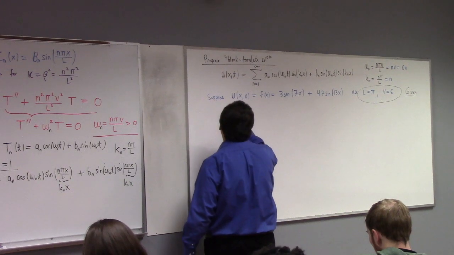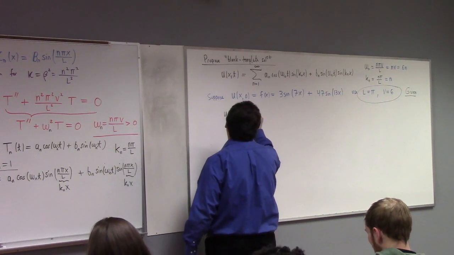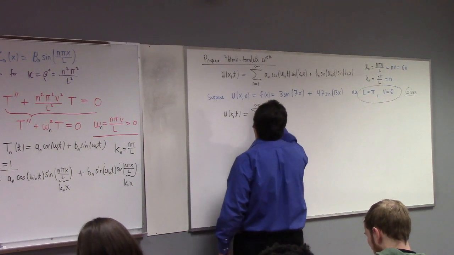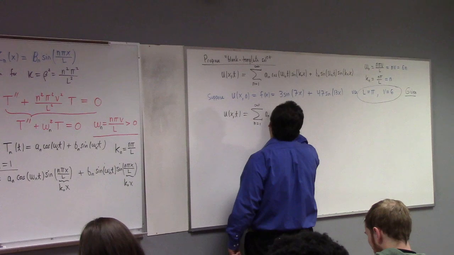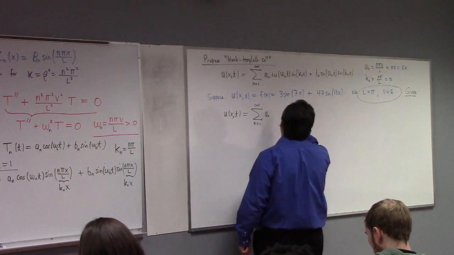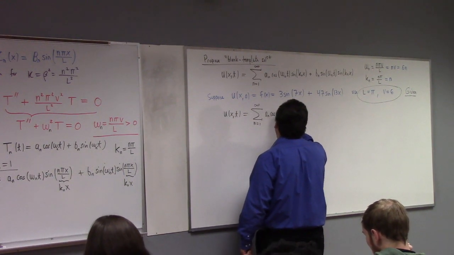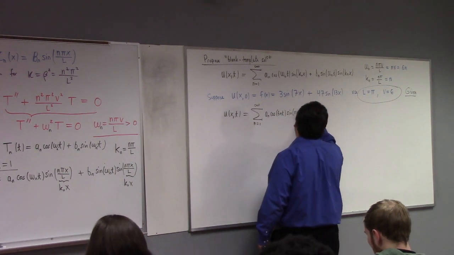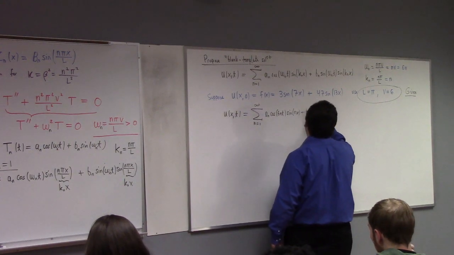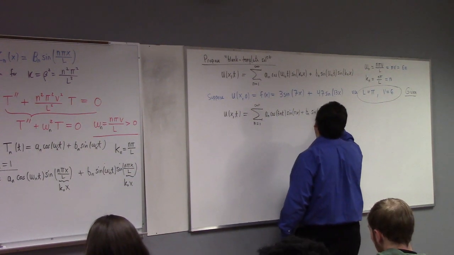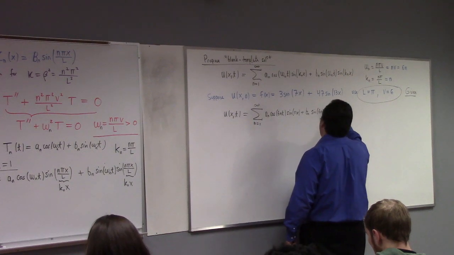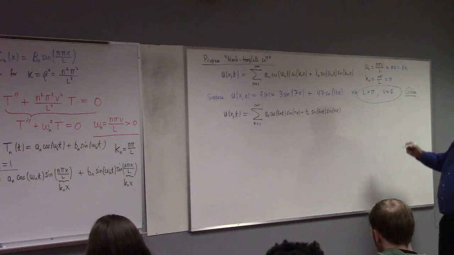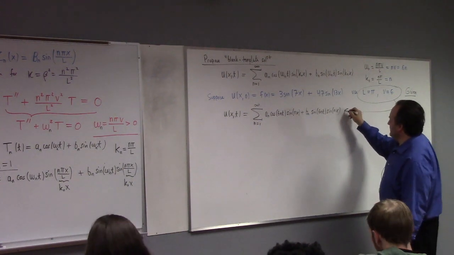So with those givens, my blank template solution looks like the sum from n equals 1 to infinity of a sub n cosine 6nt sine of nx plus b sub n sine of 6nt sine of nx. All right, great. So that's putting those into play.